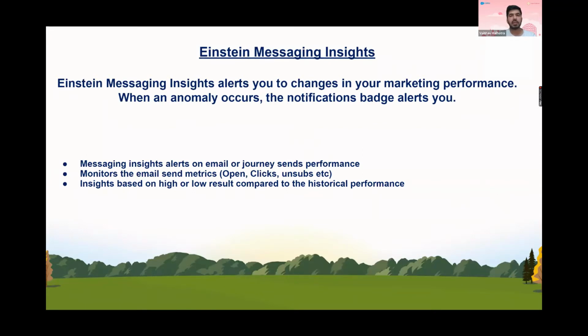Suppose you have been running a journey and you expect certain numbers to pop up. You're sending 50,000 emails and you expect lower deliverability, click rate and open rate in the start, and gradually it increases. Initially, after 50,000 emails, you were only able to deliver somewhere around 7,000, 8,000.